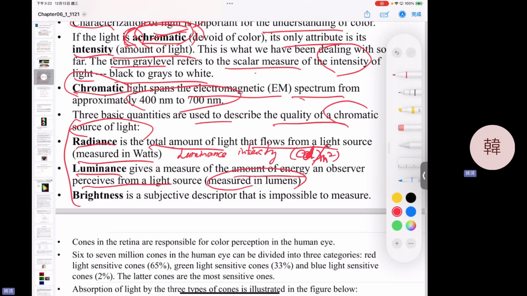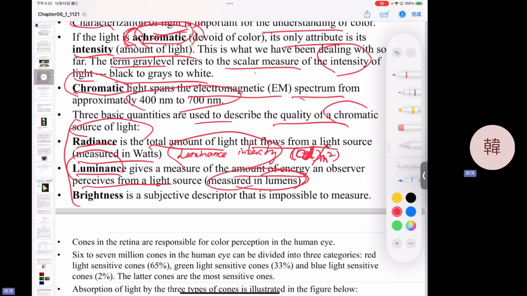CD is candela. So in a unit area, how much light energy you have is the luminous intensity. And for luminance they use the lumen as the unit.